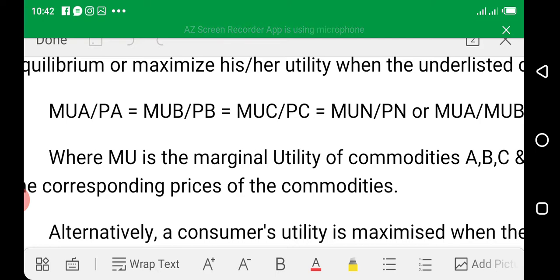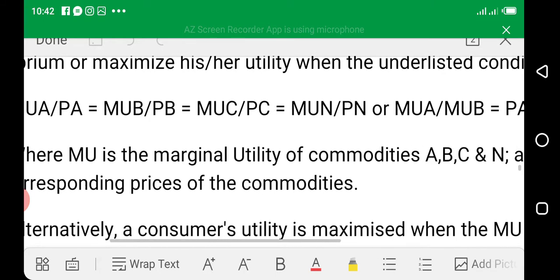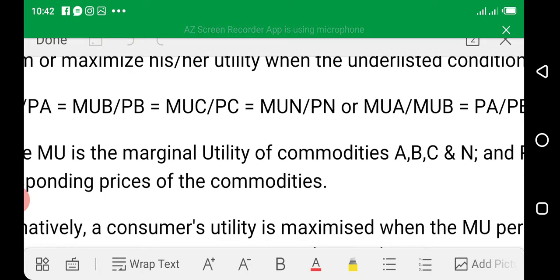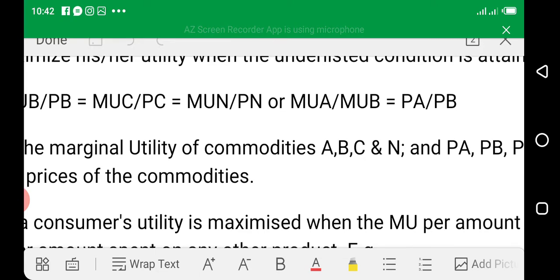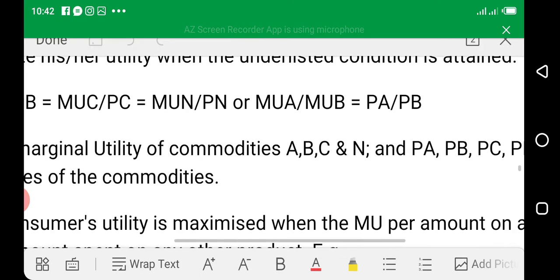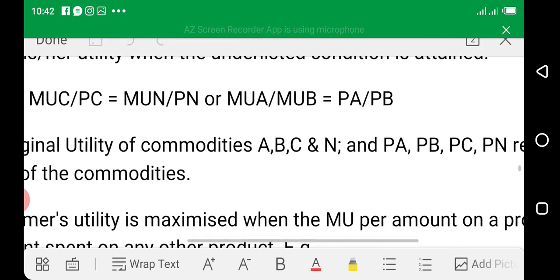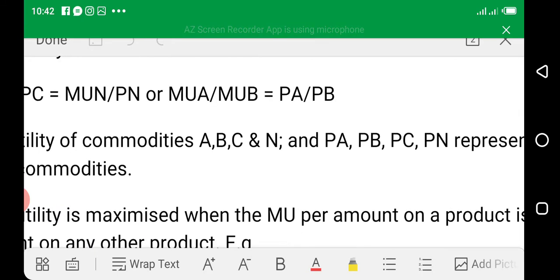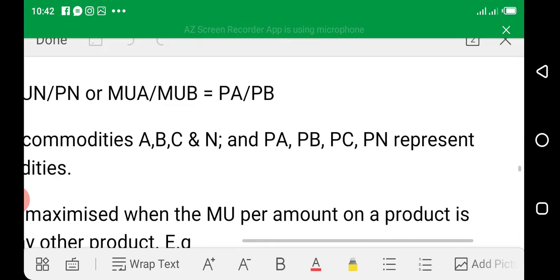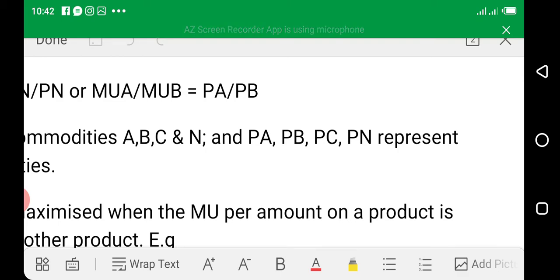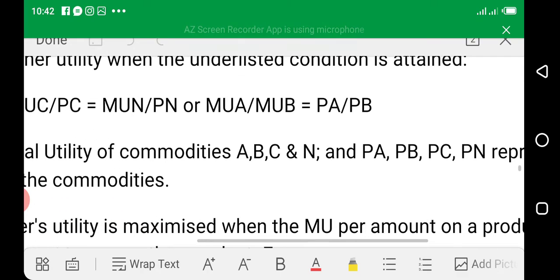MUA divided by PA is equal to MUB divided by PB equal to MUC divided by PC, and this is also equal to MUN divided by PN, or MUA divided by MUB equal to PA divided by PB.